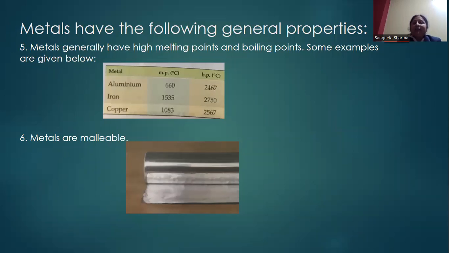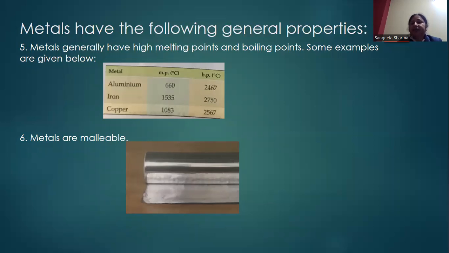Metals generally have high melting and boiling points. Generally, all metals have a very high melting point, meaning they start melting at a very high temperature, and they have high boiling points too. Some examples are given below. Aluminium has a melting point of 660 degrees Celsius and boiling point 2467 degrees Celsius.